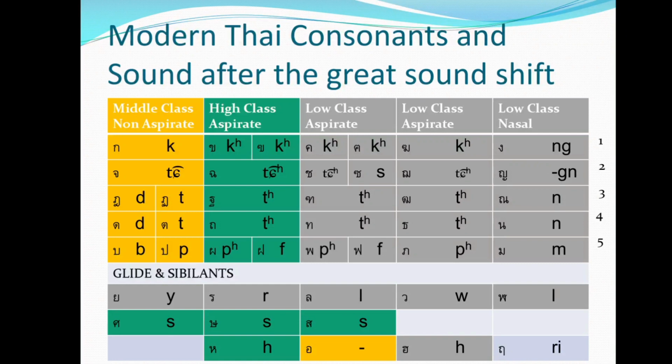And instead they are read with different tones, giving rise to tone splits and different classes of consonants. This sound shift, together with the letters representing Sanskrit sounds which are not present in Thai, explains why there are multiple symbols for this one same sound. For instance, there are many letters for the same tho sound.